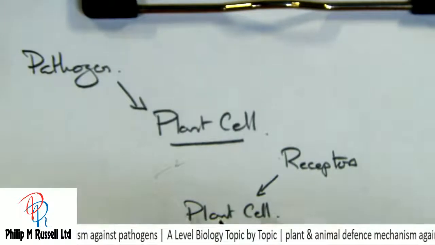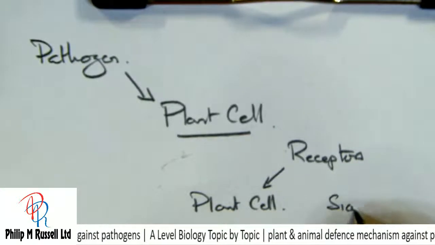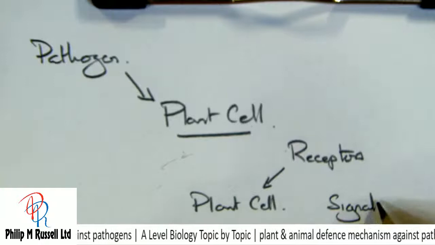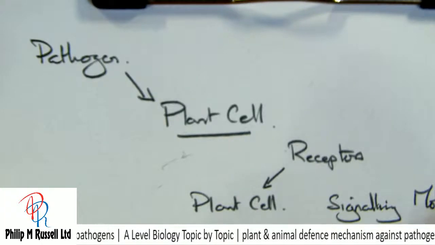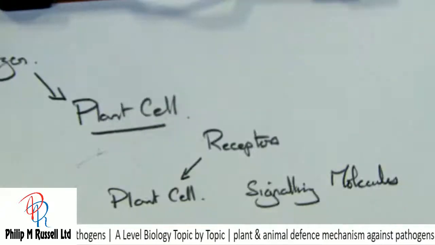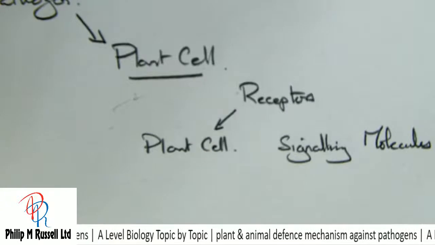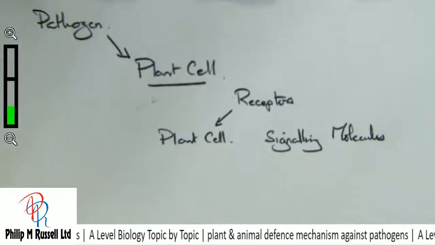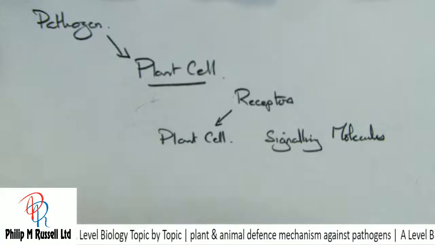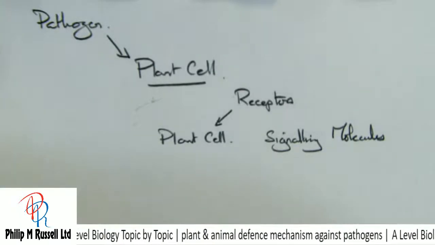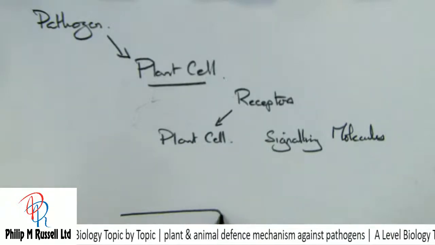So we get various signalling molecules, and these signalling molecules try to give out the information. There we are, a bit better to see. So let's have a look and see what's happening.